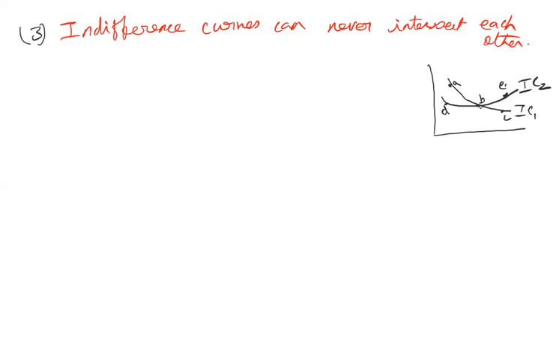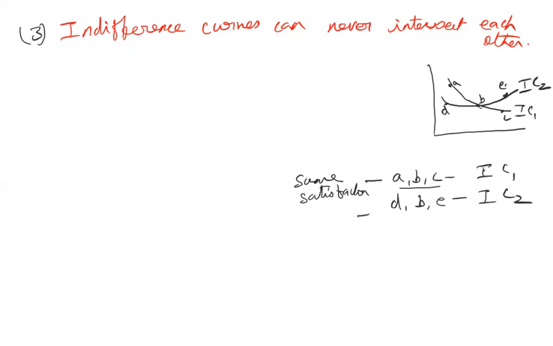Okay. Now what is happening here? A, B, C are all on IC1, and D, B, and E are all lying on IC2. So ABC on IC1 should give the same satisfaction, isn't it? And DBE on IC2 should also give the same satisfaction to the consumer. But what we are finding is, up to B, IC2 is lying on a lower plane than IC1.